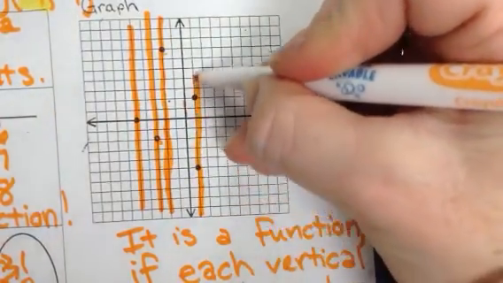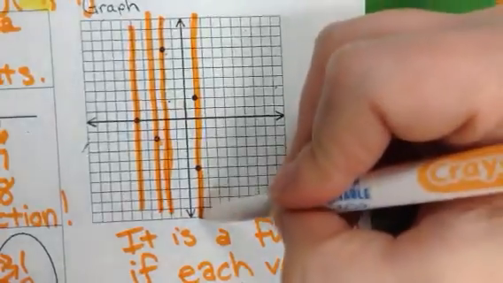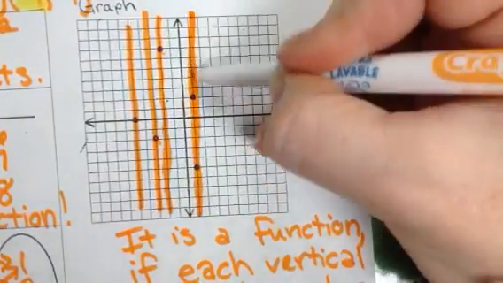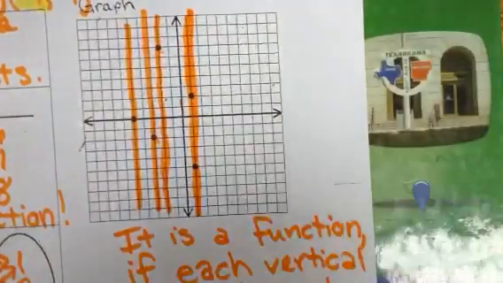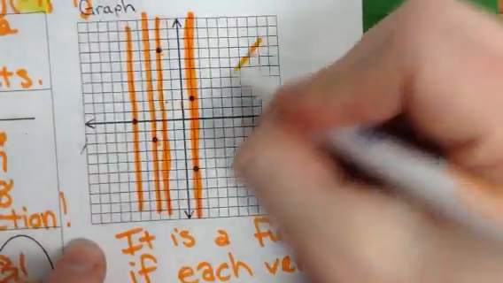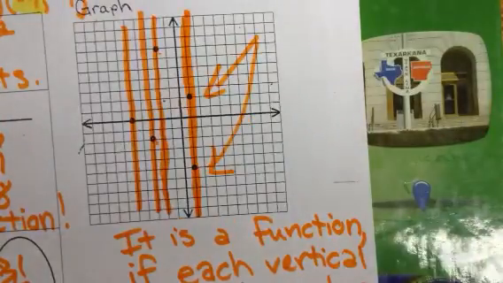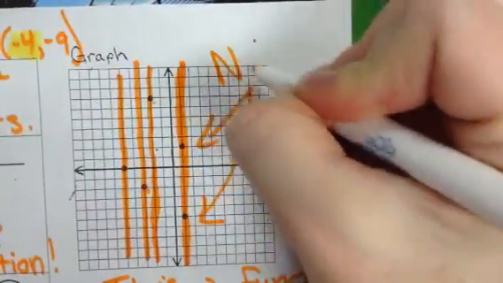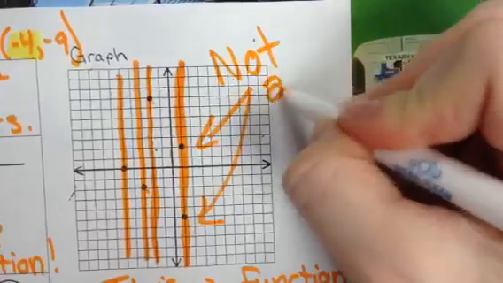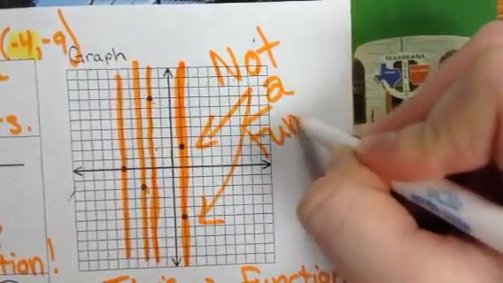Now, the last points on the graph just so happen to lie on the same vertical line. So it is because of this that happened right here on that vertical line. There's more than one point. I'm going to say this is not a function.